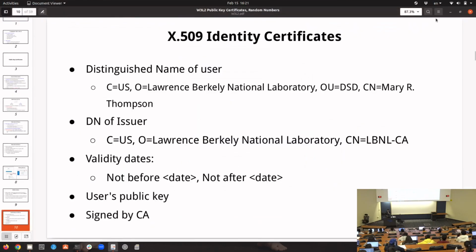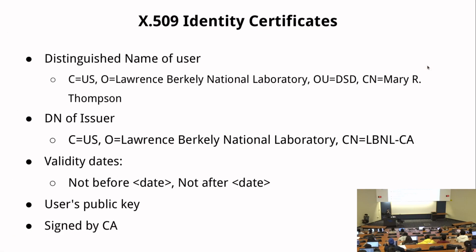So the mathematical core of the certificate is just the public key, the identity, and the signature of the whole thing. But in practice, we add a lot of other meta information there.